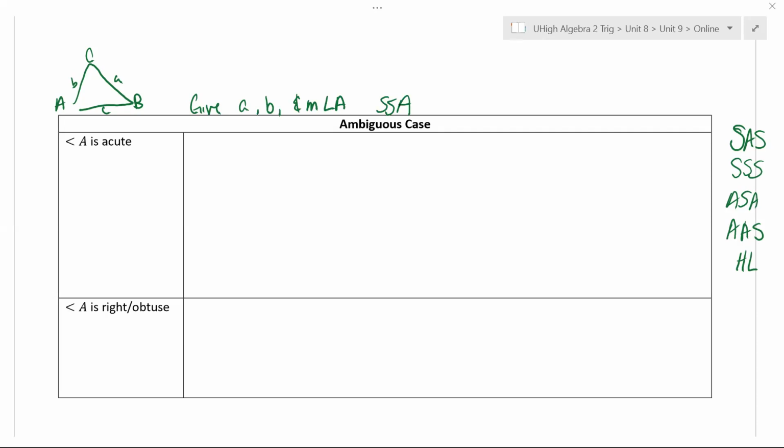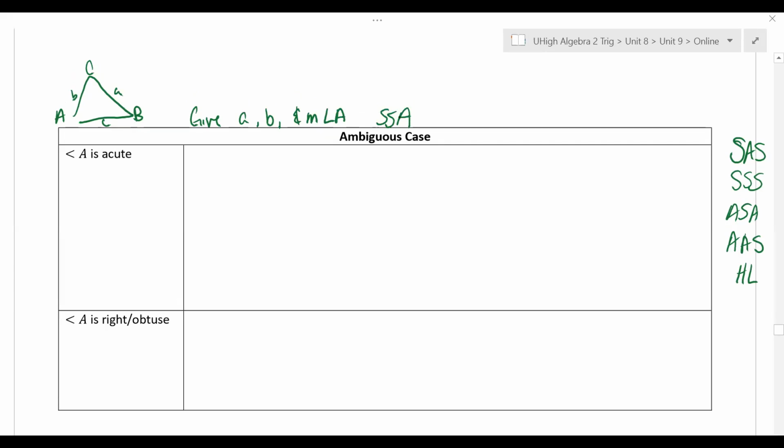So the two options that we're going to have are if A is acute, or if A is right or obtuse. When A is an acute angle, I have to look at how a compares to the height of my triangle and how a compares to the other side length that I'm given.